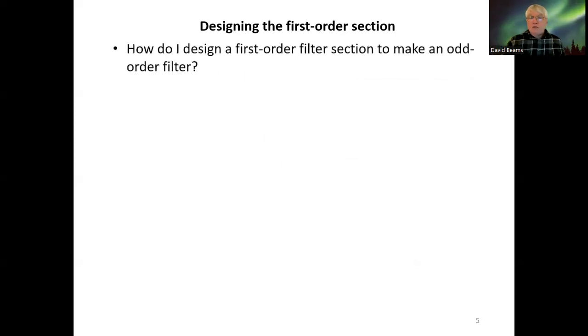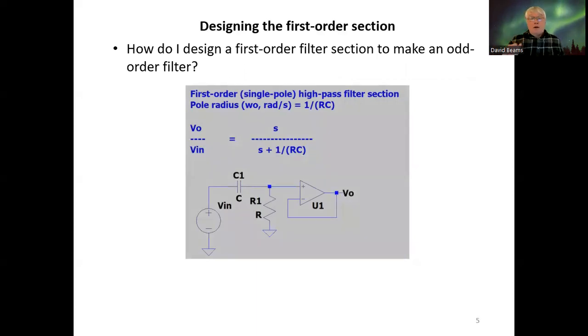So let's first take up the topic of design of the first order section. How do you design a first order high pass section as part of an odd order high pass filter? This is the topology. We have an RC network, and I have a buffer amplifier here that simply isolates this RC network from any circuits downstream of it.